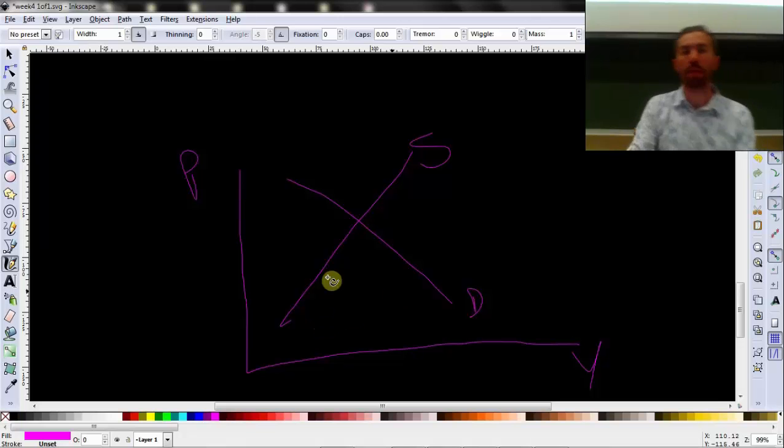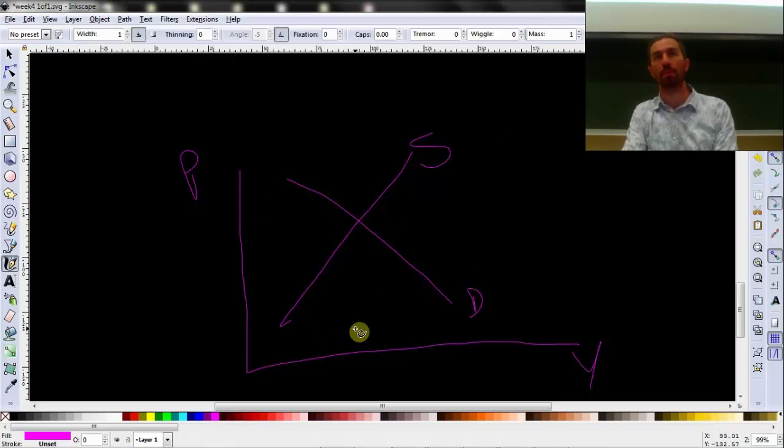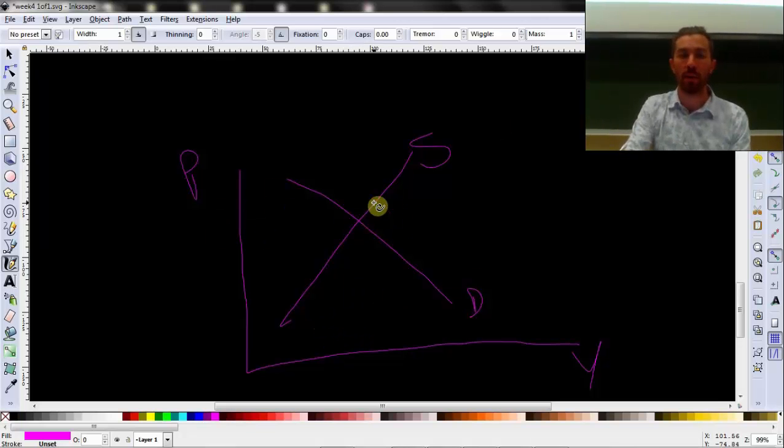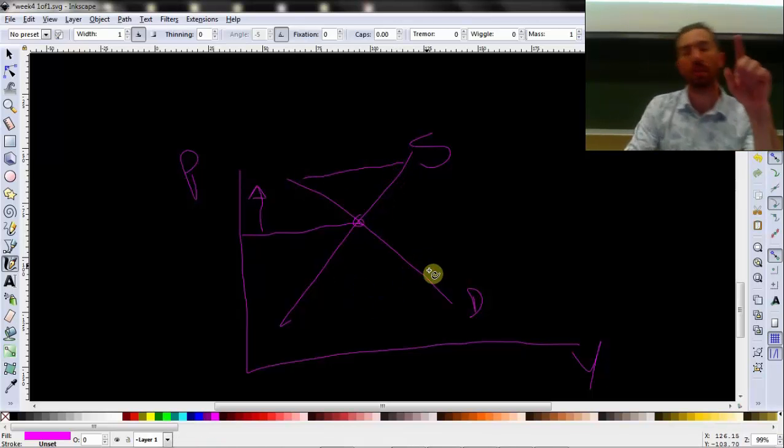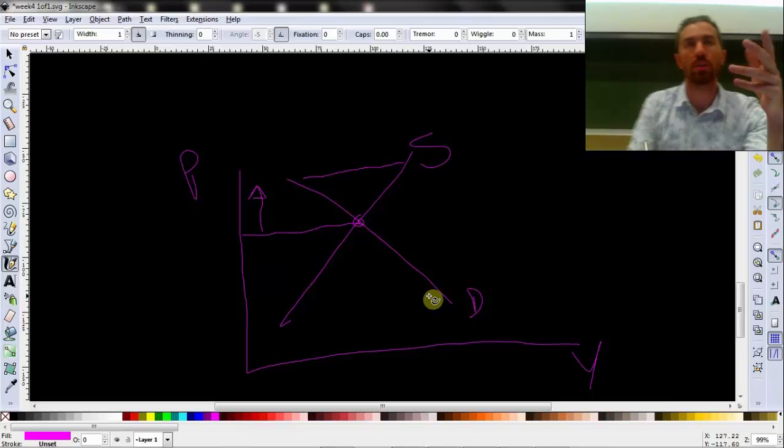Okay, remember from microeconomics, demand and supply, right? The price can go up. As the price goes up, you want to supply more. There's no point in supplying more if no one's buying it, right? So what is the point, and this answers your question, where the firm maximizes profit?